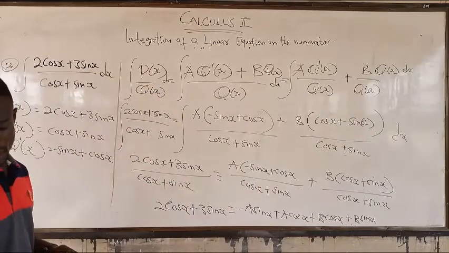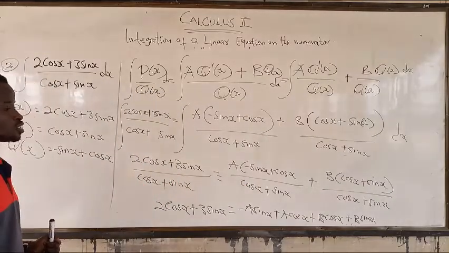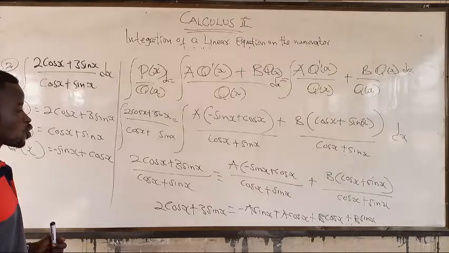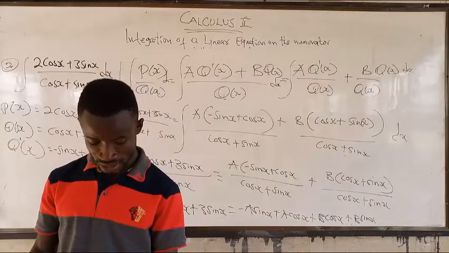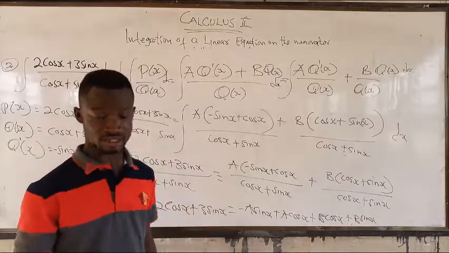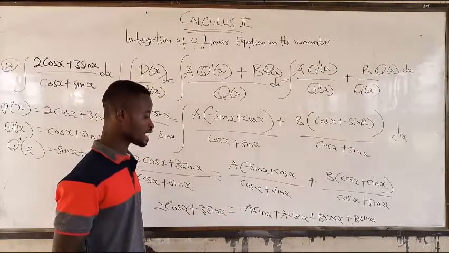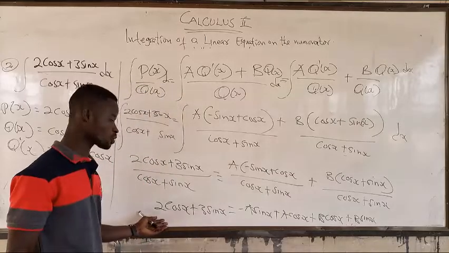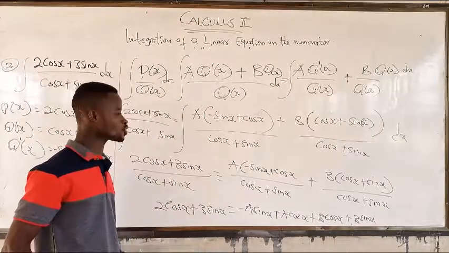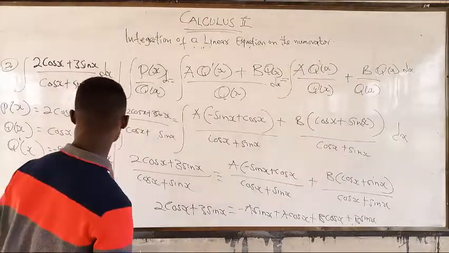So here we just move on to go and compare the coefficients. And how we compare these coefficients is very simple. All that we do is that we group the cos and the sine, and we compare it to cos and the sine here. Just like that. It's not like the quadratic.